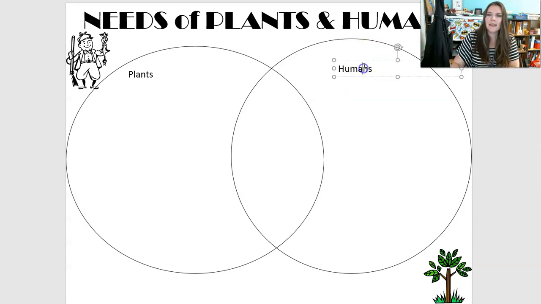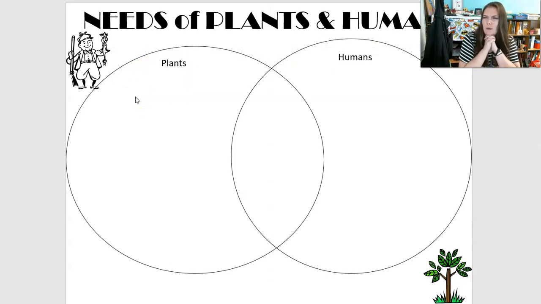Okay, so in this section where it says plants, I'm going to think, what do I know about plants that only plants need that humans do not need? Well, one example I can think of is that plants need soil.